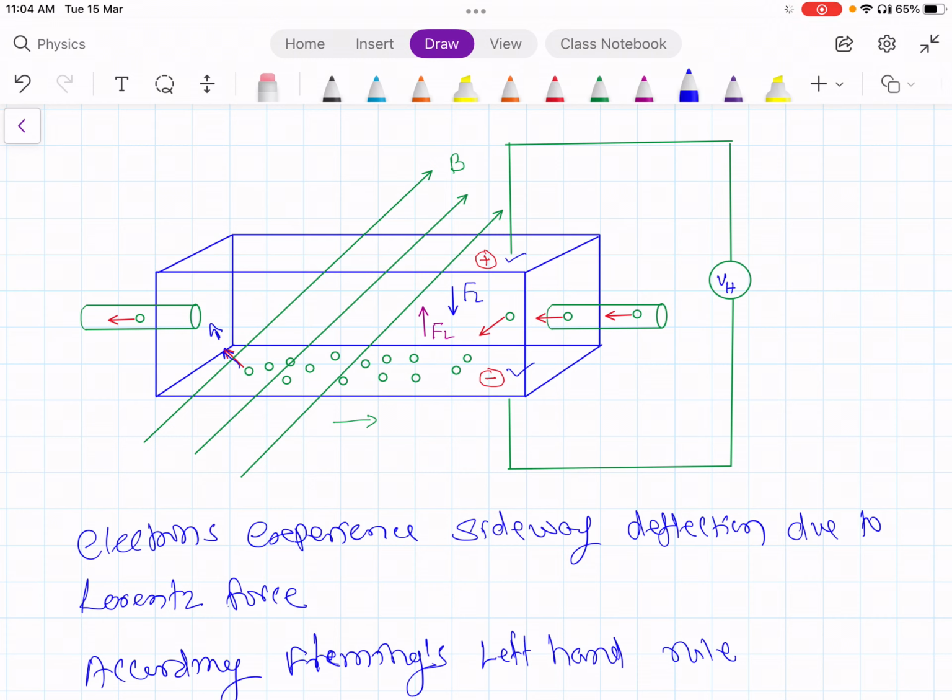But at equilibrium condition, this Lorentz force is equal to electric force, and this accumulation of the electrons stops. And in that case, again, electrons will start moving parallel to top and bottom surface.